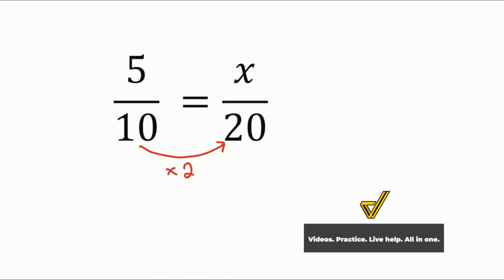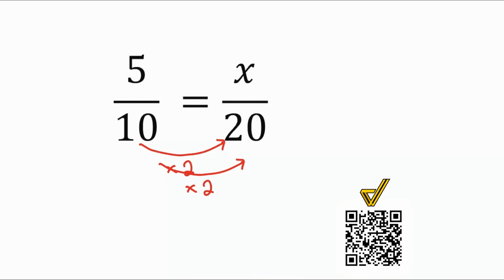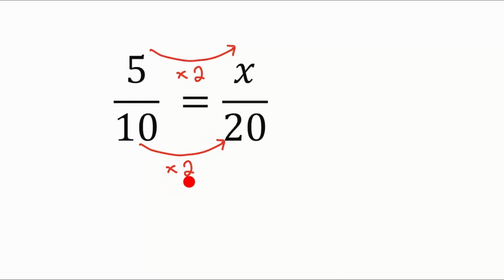We're going to compare the same things in the same way. I noticed that to go from 10 to get to 20, that's times 2. So that means that the same rule is going to apply up top. 5 times 2 is going to be what? Booyah. And there's your answer. That's going to be 10. x equals 10.